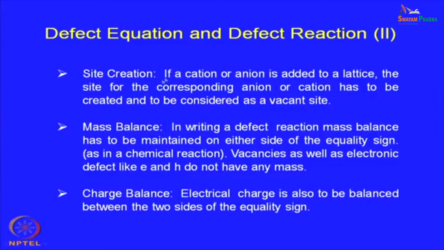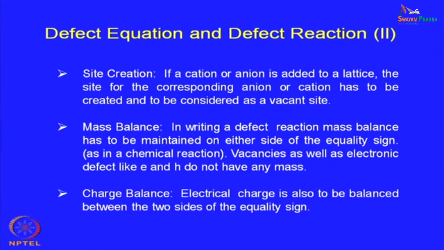Mass balance: just like in a chemical equation, mass balance also has to be maintained. In writing a defect reaction, mass balance has to be maintained on either side of the equality sign as in a chemical reaction. Vacancies as well as electronic defects like electron and hole do not have any mass, vacancies do not have any mass.